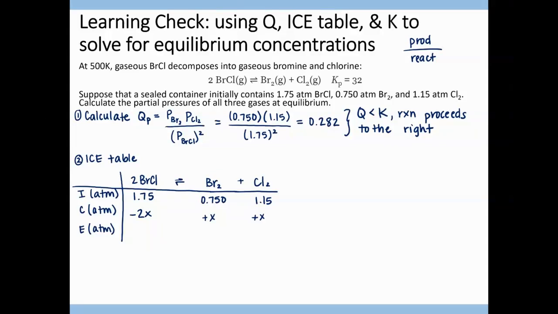Use BrCl and Br2. But at equilibrium, those concentrations might not be equal to each other. They can have different concentrations at equilibrium. We will be setting up an equation, but slightly different than that. What else do we know about equilibrium? Not in the table, but in the question statement.